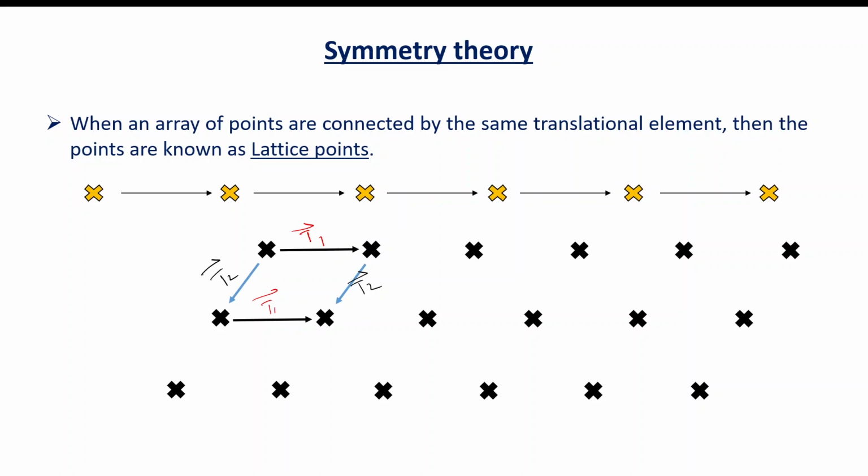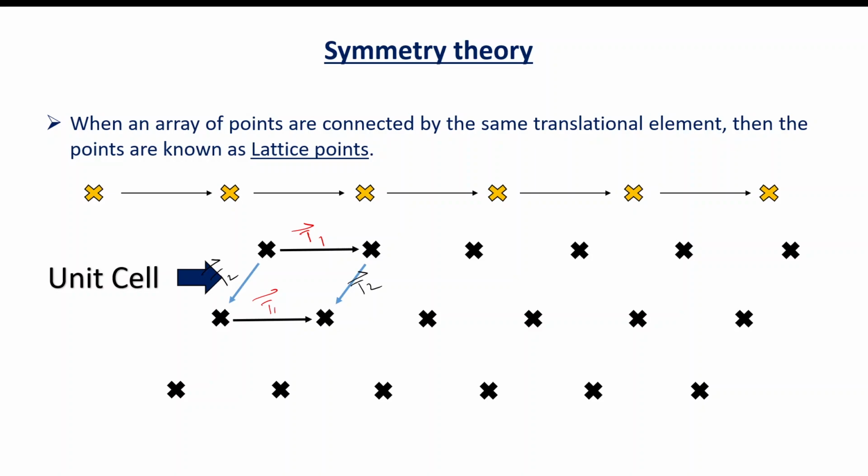This rhombic group of translations, defining this rhombic geometry, is what we refer to as the unit cell. The unit cell is the basic building block of any crystal, and the arrangement of lattice points related by translation in particular directions will define the unit cell.